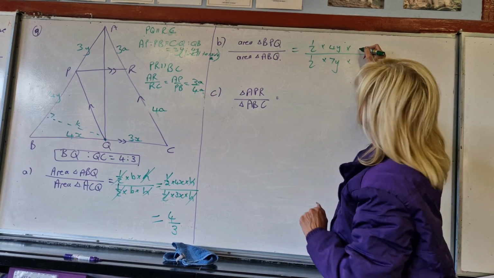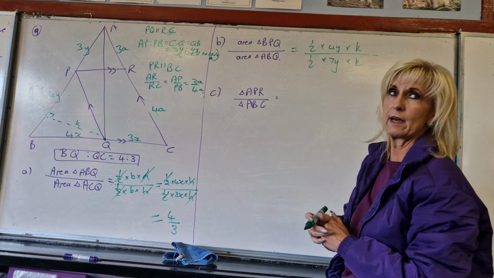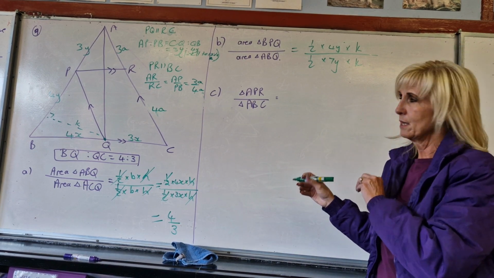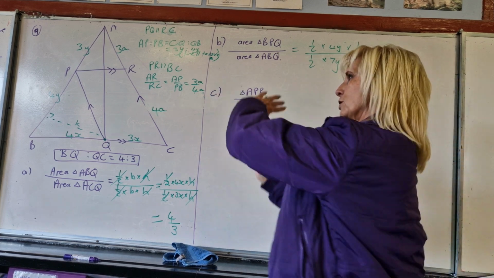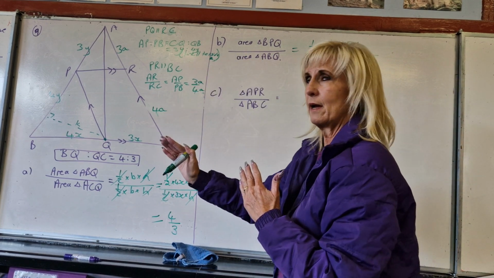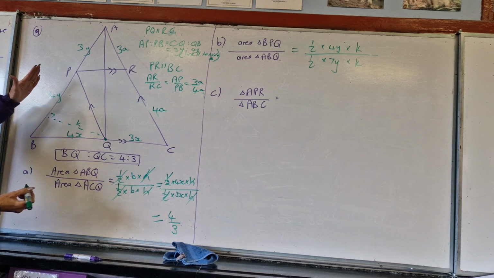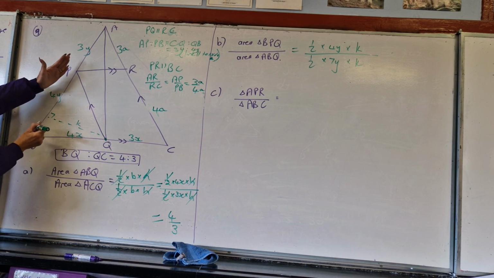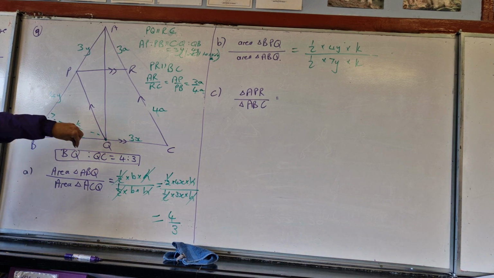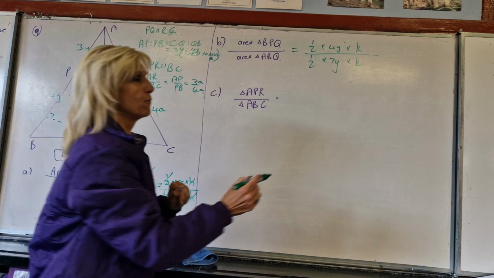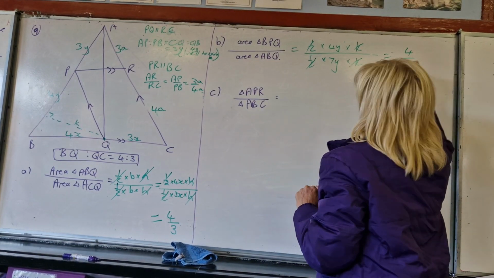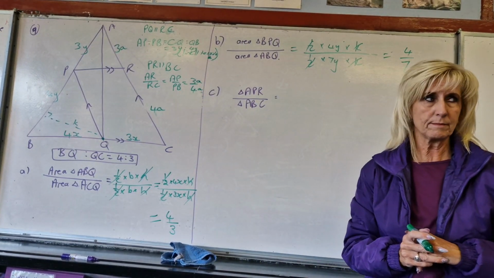So if I had indicated it there, I could have shown it here. But you don't have to because they have the same top point. And the top point being Q, if I turn my head, means from this side comes the height. So on the base, here comes the height. On the base, here comes the height still. From top point, Q. So that's why it's going to fall away. And your answer will be 4/7. Right.